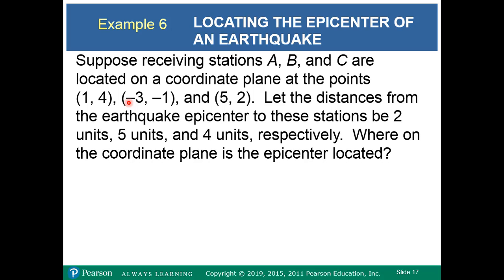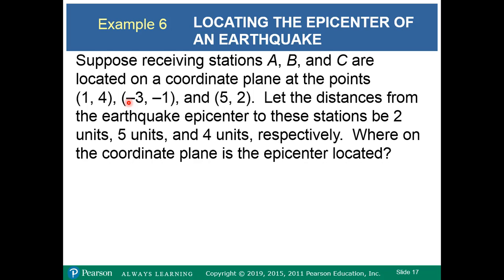Okay, so now, what if we want to locate the epicenter of an earthquake? It says, suppose receiving stations A, B, and C are located on a coordinate plane at the points 1, 4, -3, -1, and 5, 2. Let the distances from the earthquake epicenter of these stations be 2 units, 5 units, and 4 units respectively.